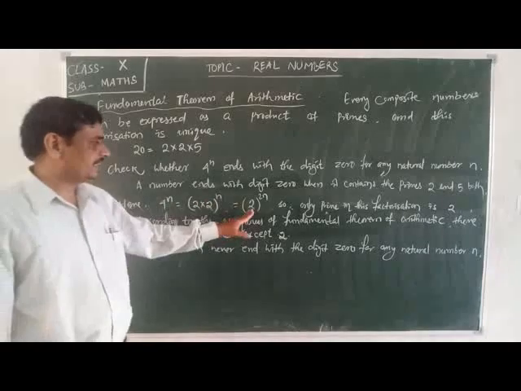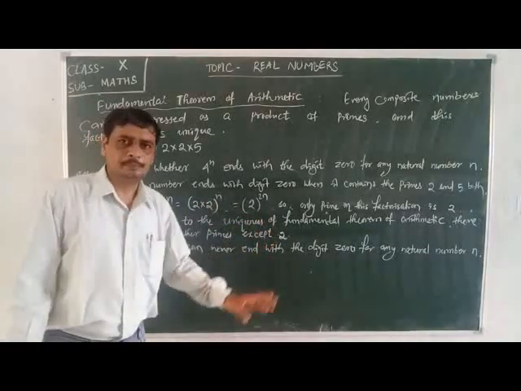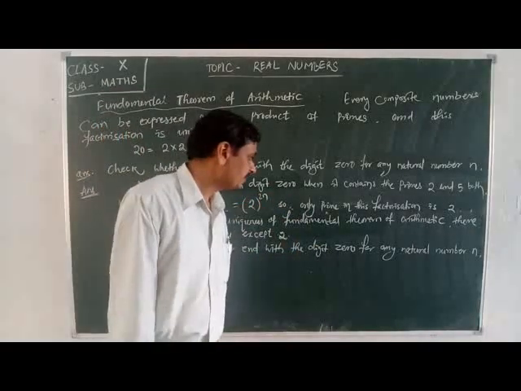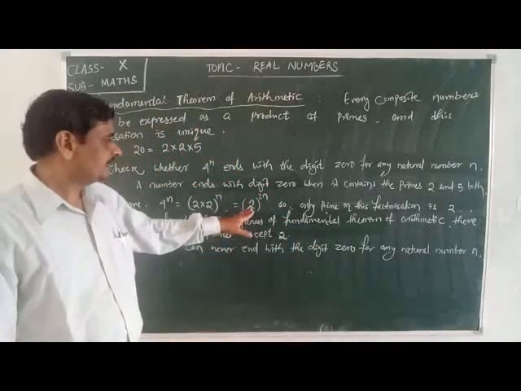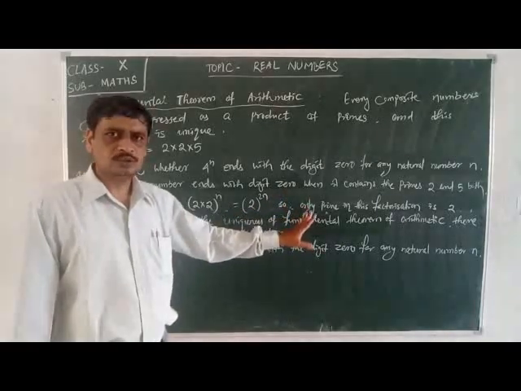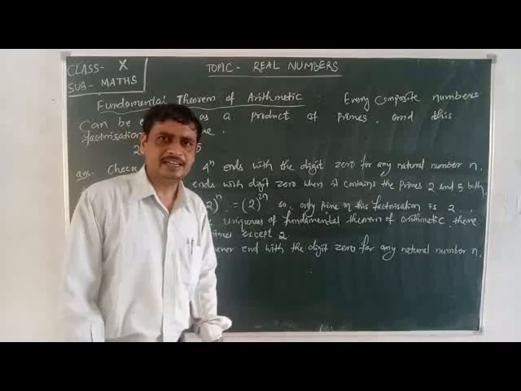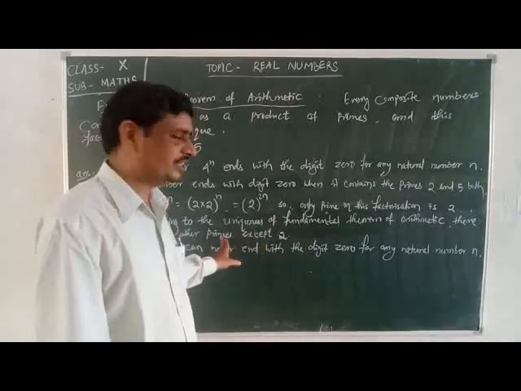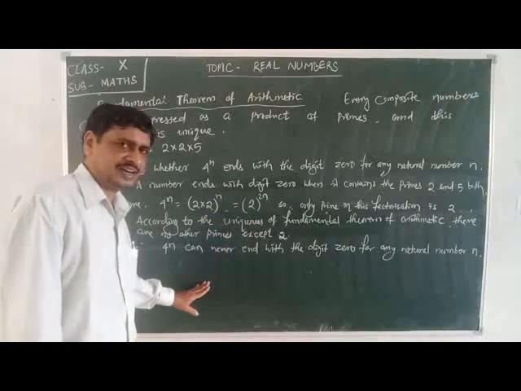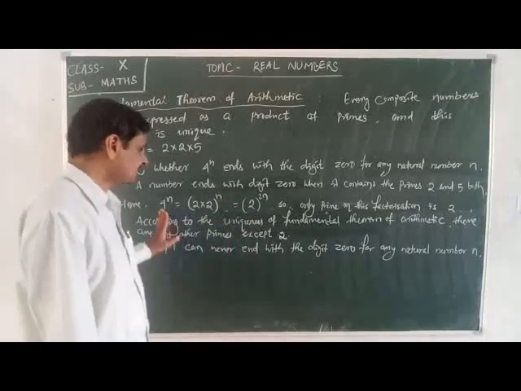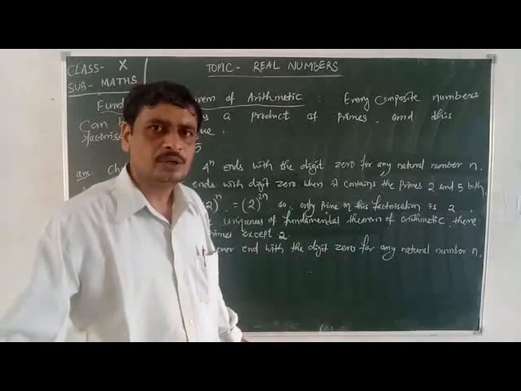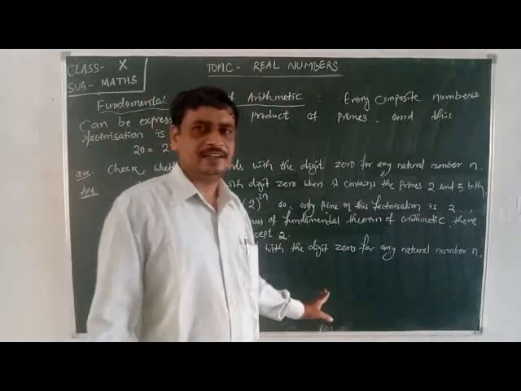So in this factorization we can see only 2 but not 5. Since it has only 2 and no other prime, 5 is not present. So this number can never end with 0 for any natural number n.